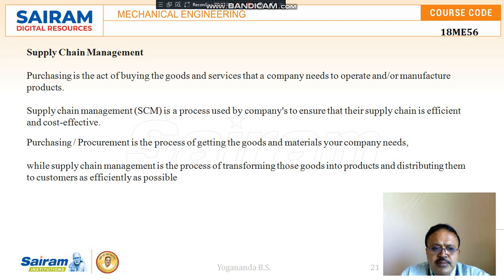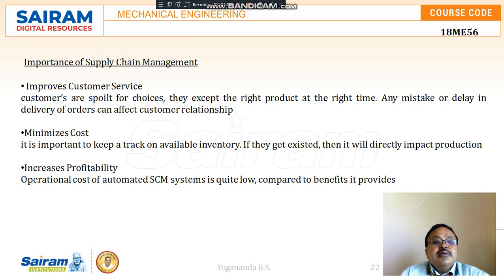Purchasing or procurement is the process of getting the goods and materials the company needs, while supply chain management is the process of transforming these goods, whatever is purchased, into finished products and distributing them to the end users as efficiently as possible.